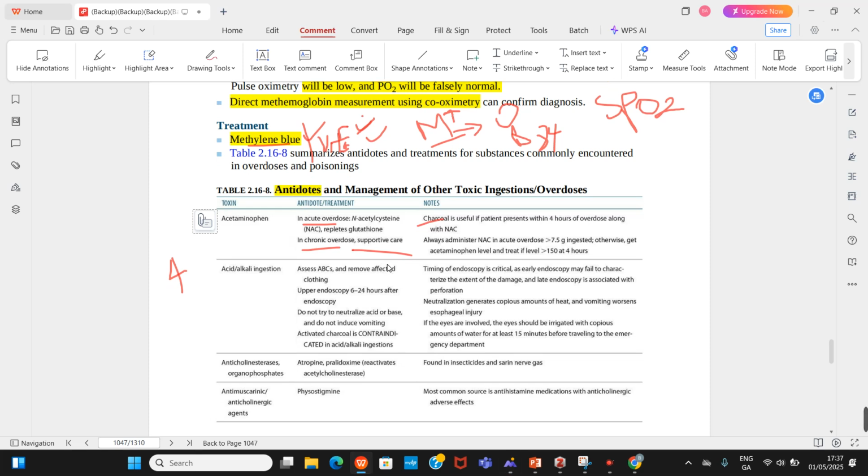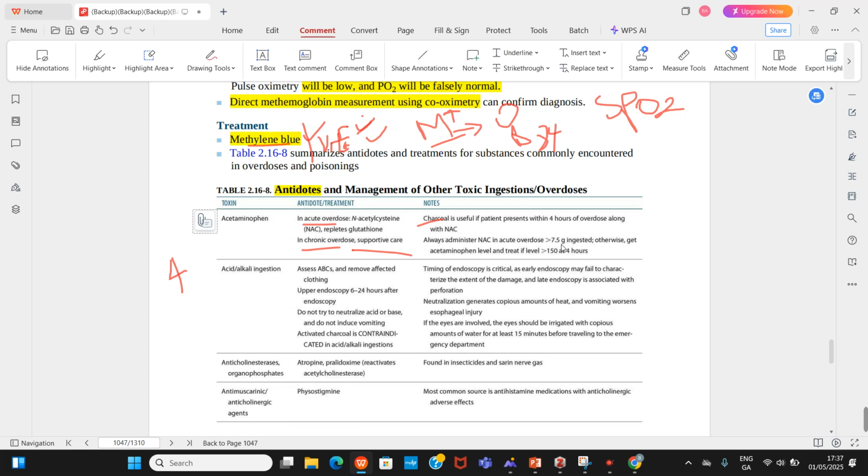Activated charcoal, provided that they do not have an altered sensorium or something that can affect the activated charcoal administration. You also ask them, how much have you taken? If this person has ingested more than 7.5 grams. I know that one tablet is 500 milligrams. If they take 20 tablets, that's 10,000 milligrams.